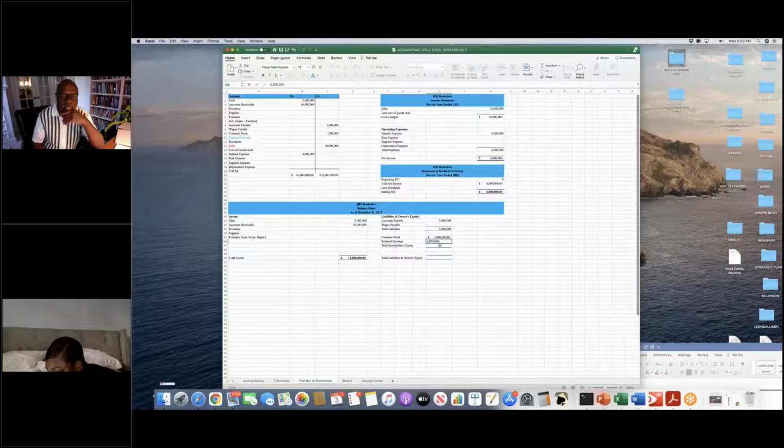So the total stockholders' equity is what, 7 million? So we have a perfectly balanced fraudulent income statement and balance sheet.